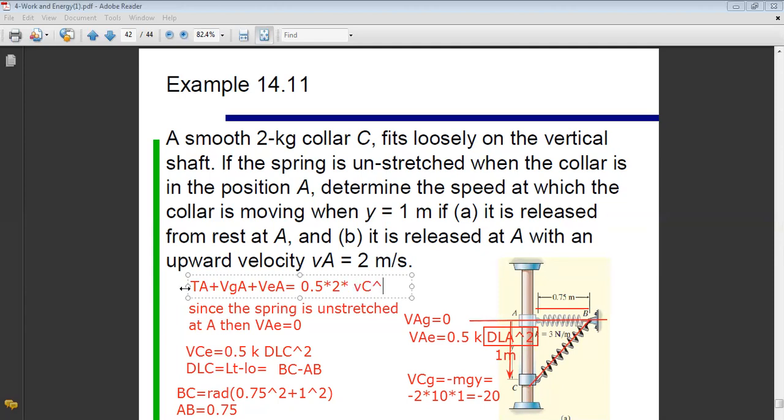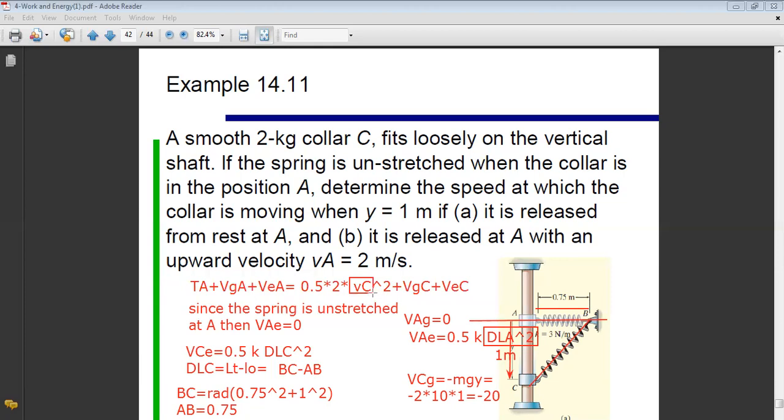This is the only unknown remaining, plus V gravitational at C and plus V elastic at C. So we have calculated VGA, VEA, VGC, VEC, and TA was already calculated. Our only unknown is VC, and we get VC from the conservation of mechanical energy.